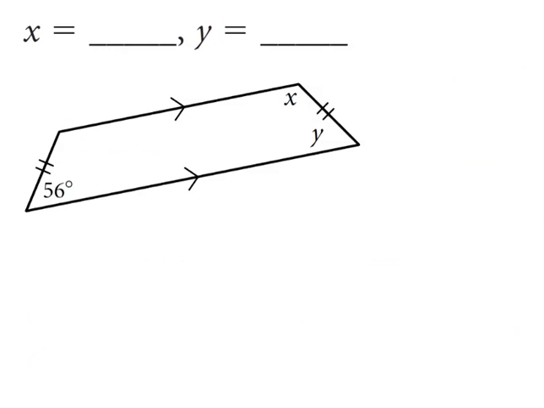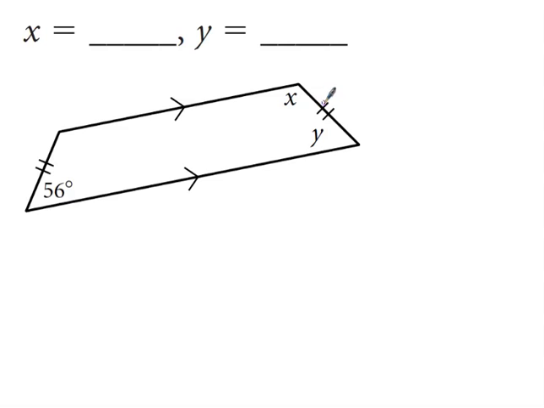Let's go ahead and look at an example here. We need to find what x and y are. Okay, so real quick, this is a trapezoid, but it's also an isosceles trapezoid.